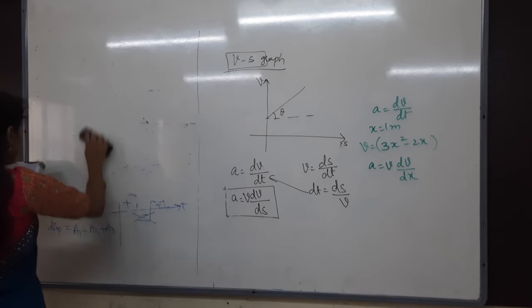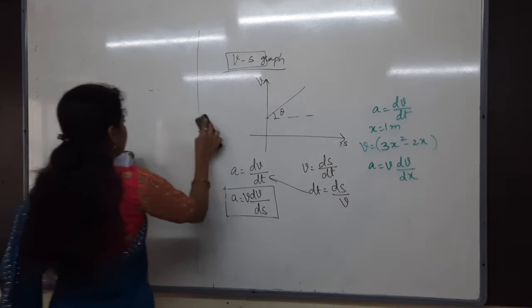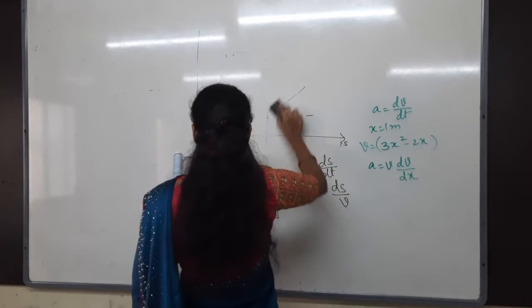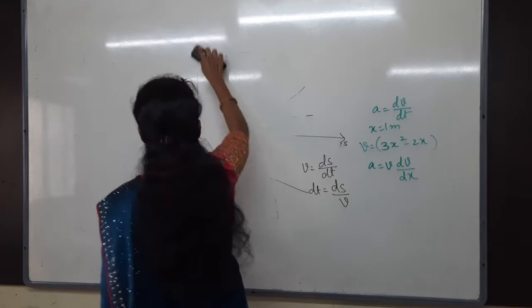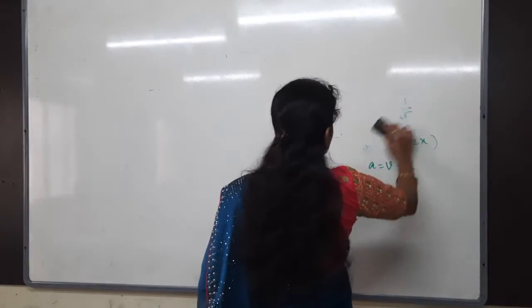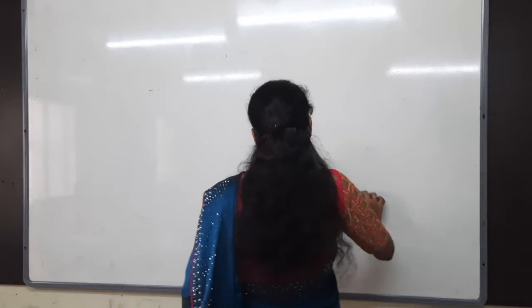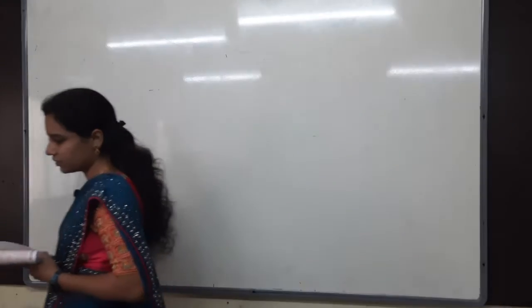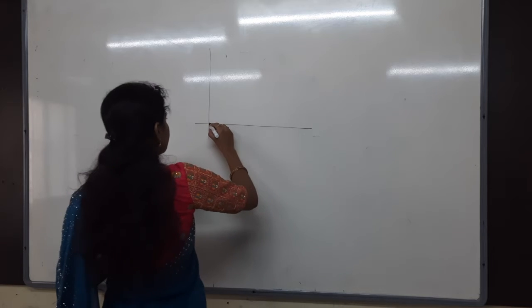If the particle starts from rest, then find the velocity of the particle when the displacement of the particle is 12 meters. Take the graph.